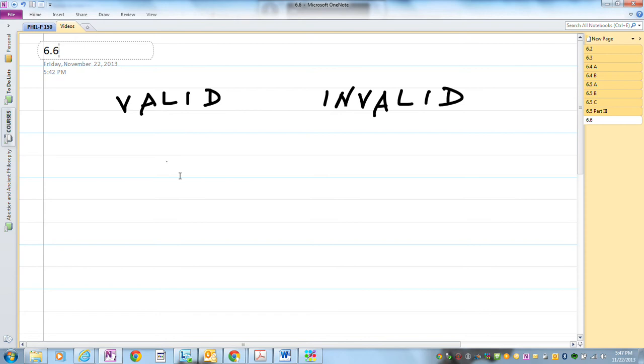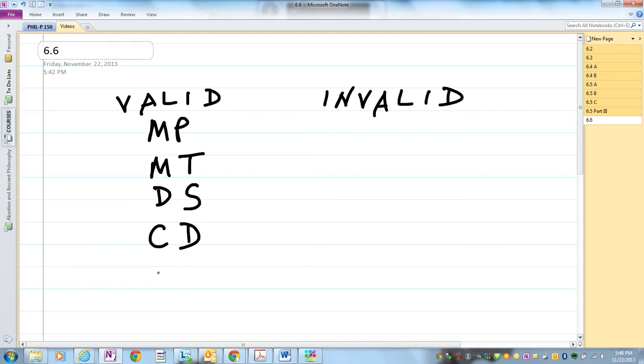The first one is that there really is no guesswork about what is valid and what is invalid. The forms that are valid are modus ponens or MP, modus tollens or MT, disjunctive syllogism, DS, and constructive dilemma, CD.